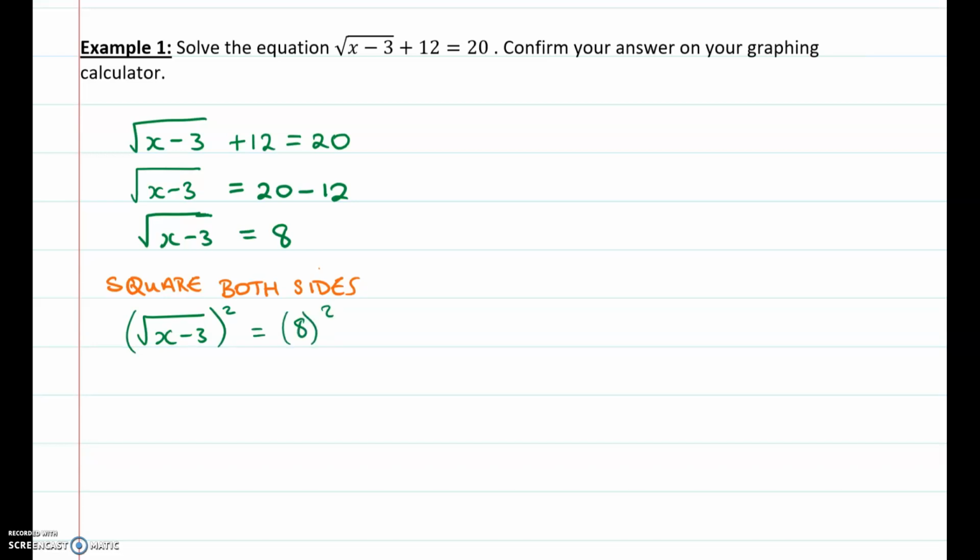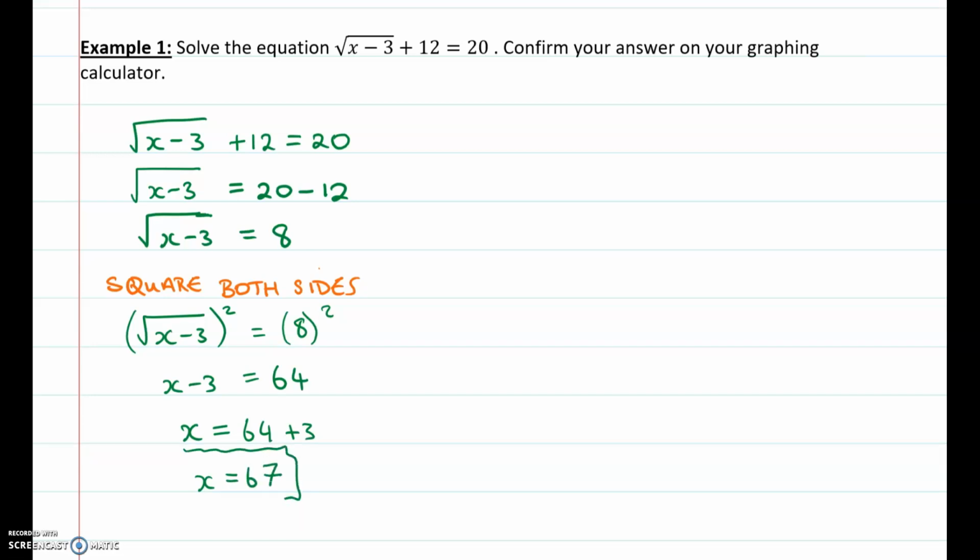And the square root and the square will cancel each other out, and that just gives you x minus 3. 8 squared is 64, and we wanted to find out eventually what x was, so if we move the minus 3 across, we get x is equal to 64 plus 3, so x is equal to 67.